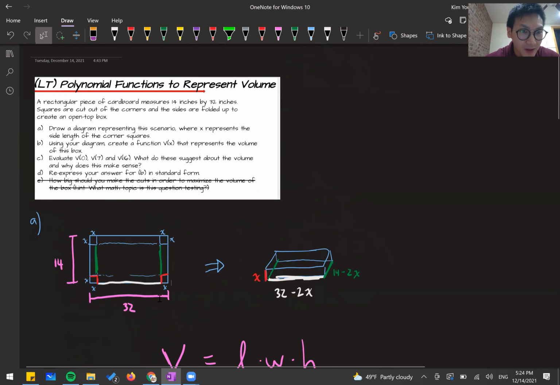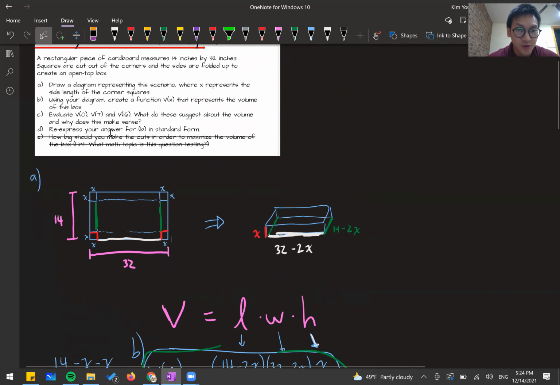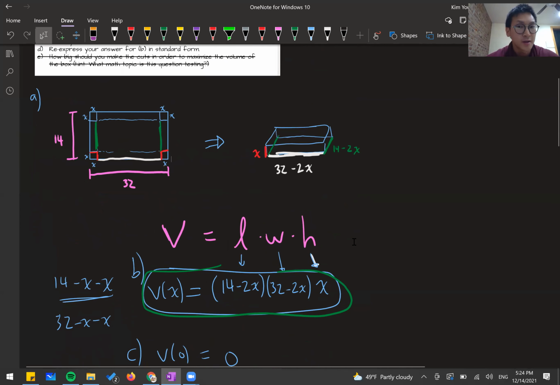Part D says to re-express your answer, so the volume function, but in standard form. Recall the standard form for a polynomial. You are going to expand this by the distributive property, by distributing these terms.